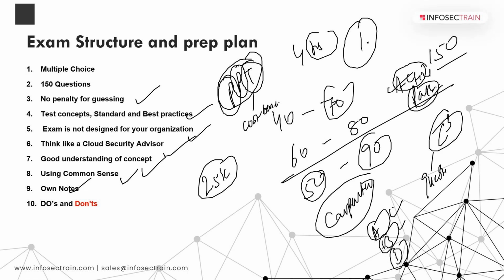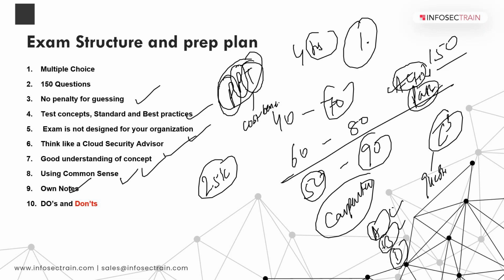For example, what is the most important resource to clear the CCSP exam? Option A, the ISC2 recommended book, and option B, your own notes. It's the ISC2 recommended book, because the question is asking what is the most important resource to clear the exam.